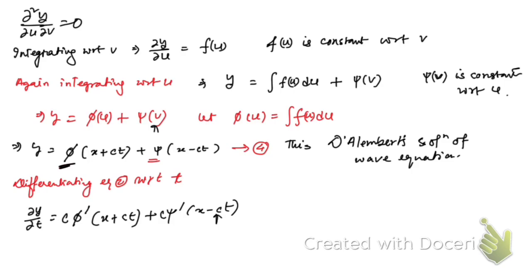So here we have minus c, so that's why this is supposed to be minus. Okay, so this is what we're gonna have, right? So now let me take this as equation number 5. Okay, so this is not 2, this is supposed to be 4. We have here differentiating equation number 4 with respect to t. So we have got this equation number 5.